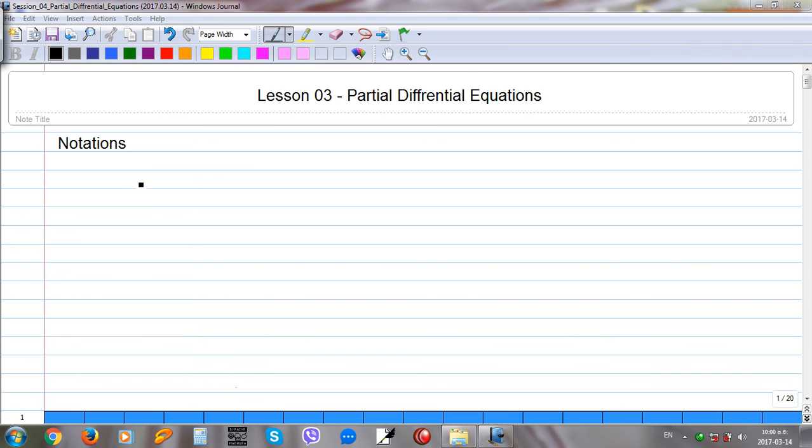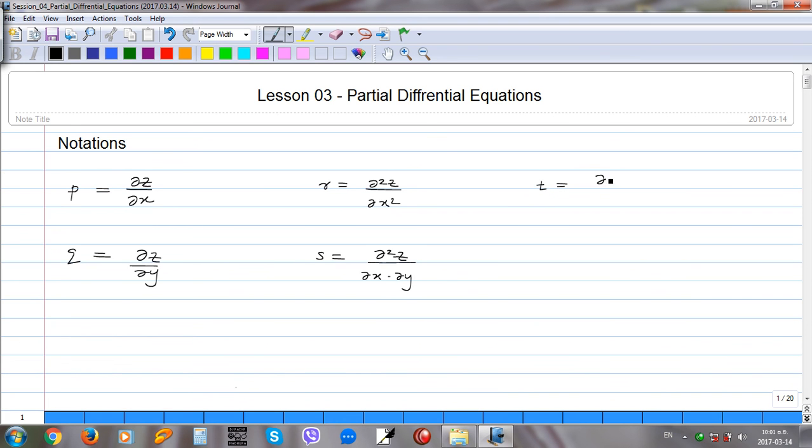If we have ∂z/∂x, we normally denote it as p, and q we take as ∂z/∂y, r as ∂²z/∂x², s as ∂²z/∂x∂y, and as t we take ∂²z/∂y².